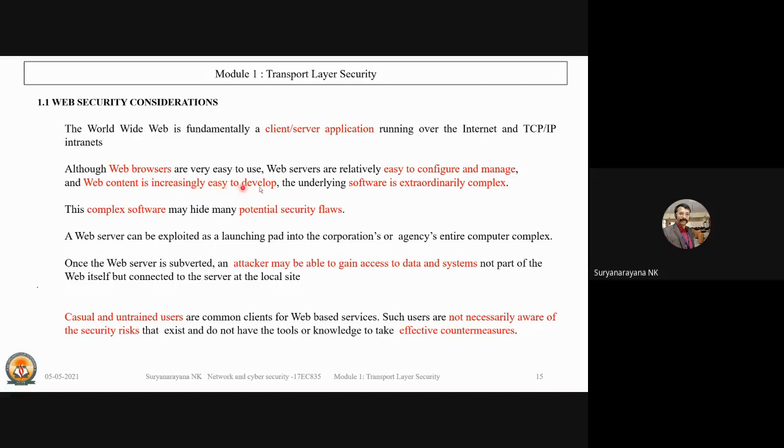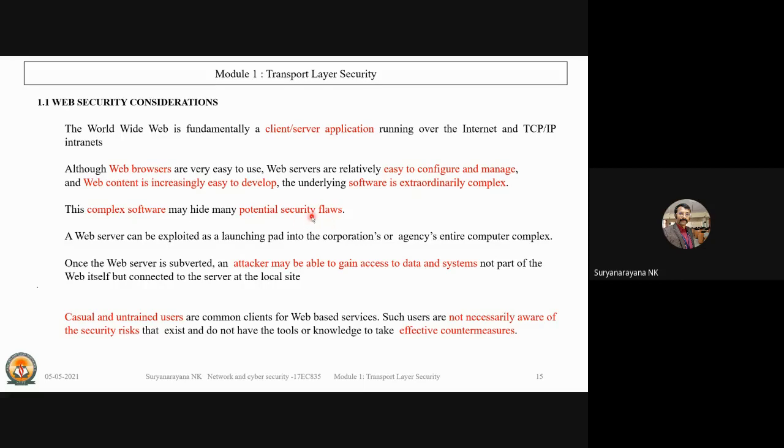But the main problem here is the software, which is extraordinarily complex. This complexity in the software may hide many potential security flaws.